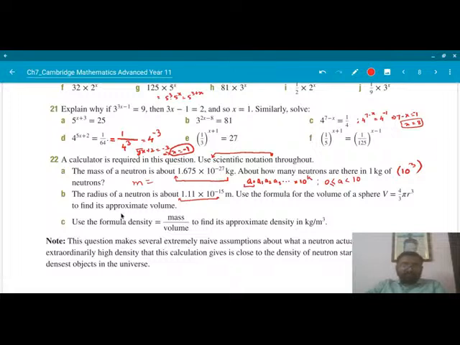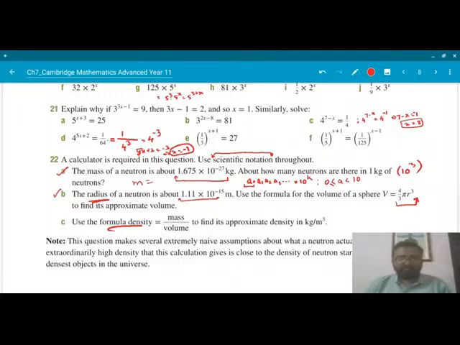Okay. And similarly, the radius has been given, so you have to use the formula and simplify. And the density means mass by volume, so you have to get mass in the first part and volume in the next part. So density is nothing but the number of atoms occupied in one unit.